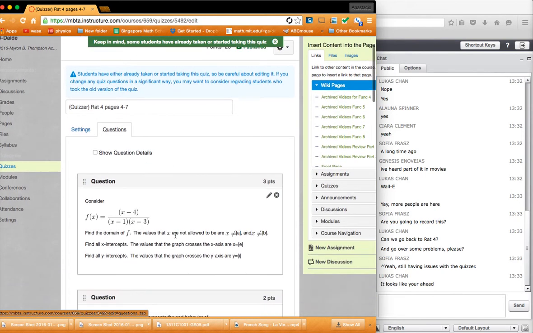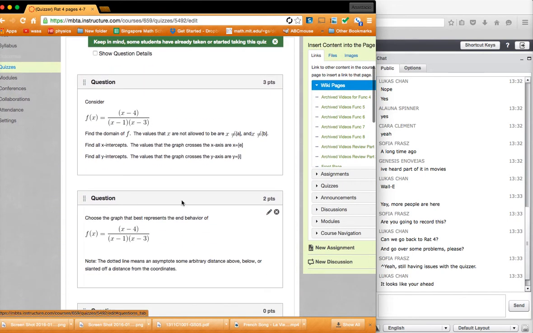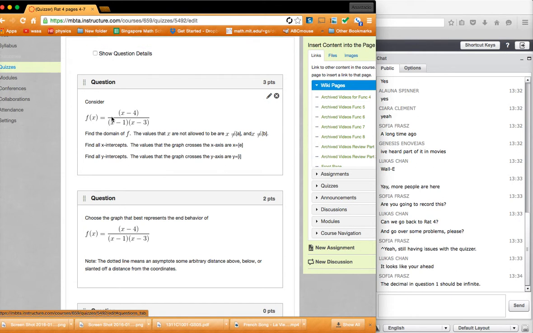So for the first question right here, I ask you what is the y-intercept, or where does the graph cross the y-axis? To do that, you would say x equals 0. So that would be negative 4 divided by negative 1 times negative 3.